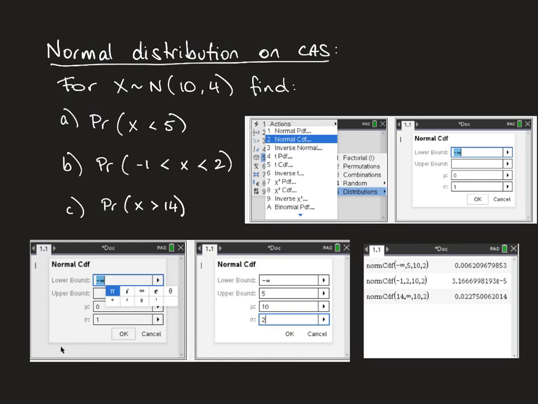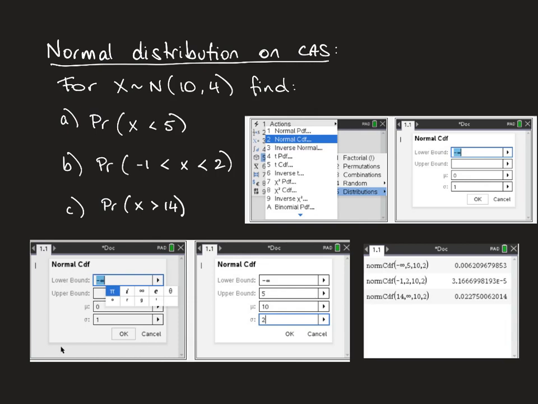So you need to use the normal CDF. And when you open the normal CDF window, it will automatically put in negative infinity as your lower bound, and from there, you'll need to change it. It also automatically puts in your mean as 0 and your standard deviation as 1, and you can just change those things.